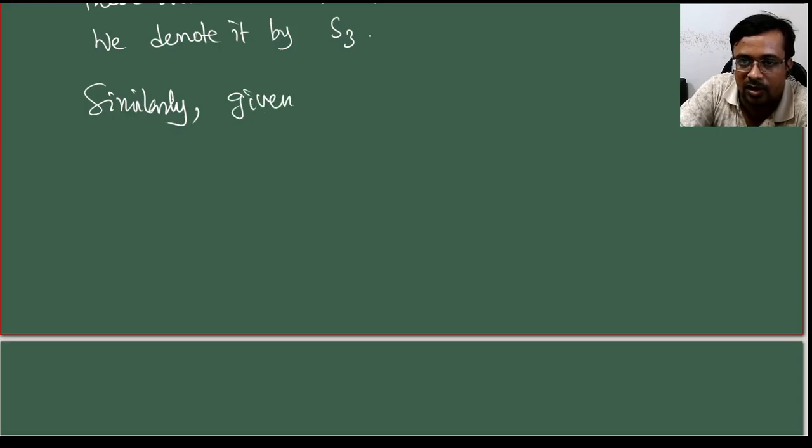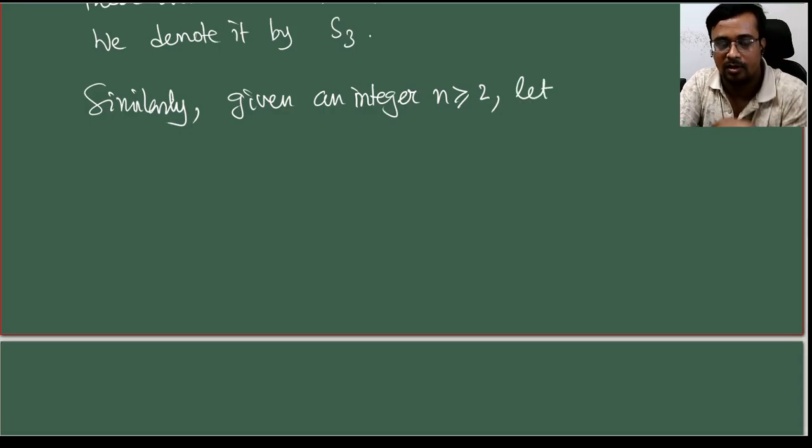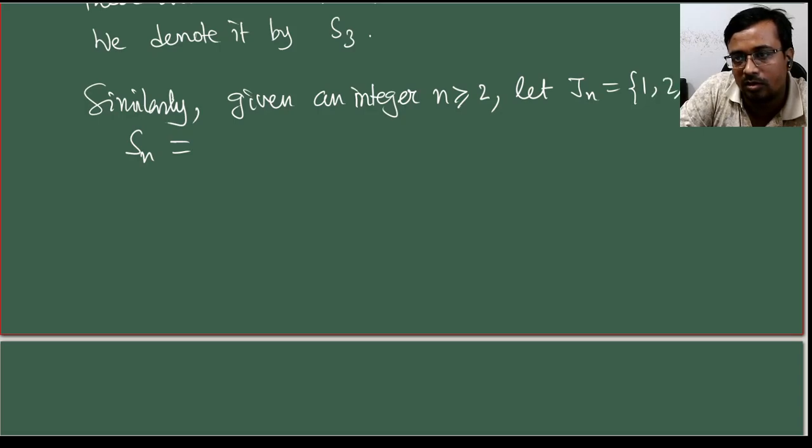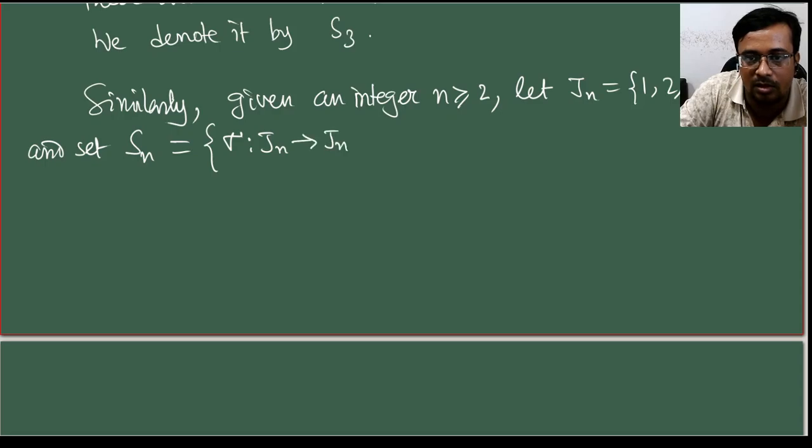So similarly, given an integer n greater than or equal to 1, let Jn be the set 1, 2, 3 up to n, and set Sn to be all maps sigma from Jn to Jn such that sigma is bijective.